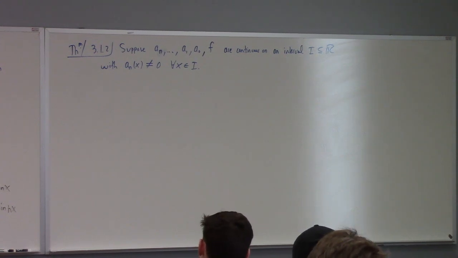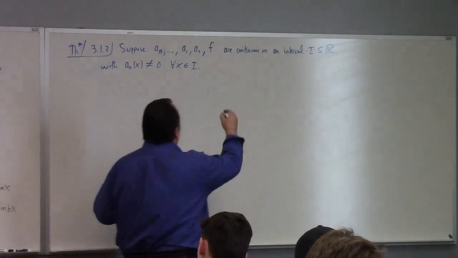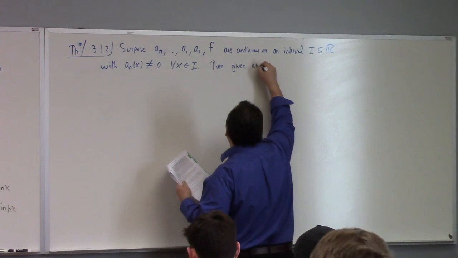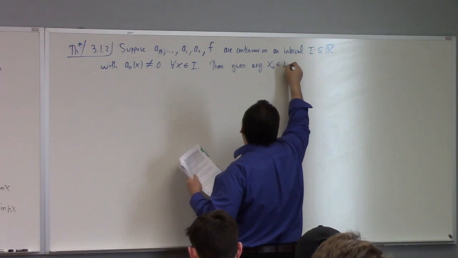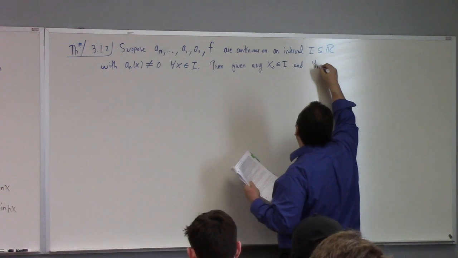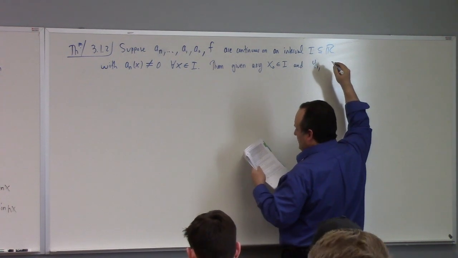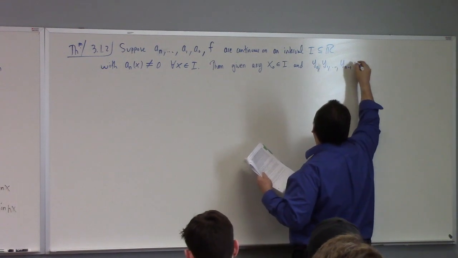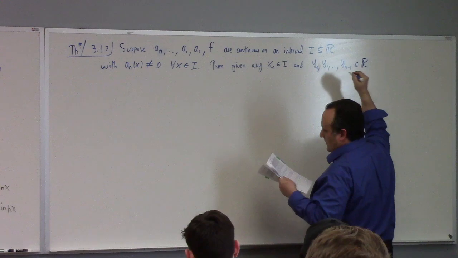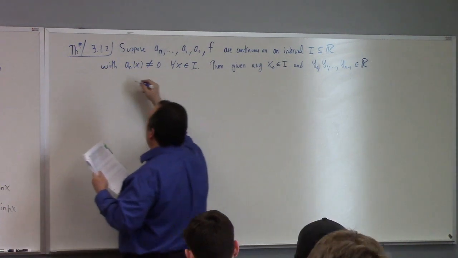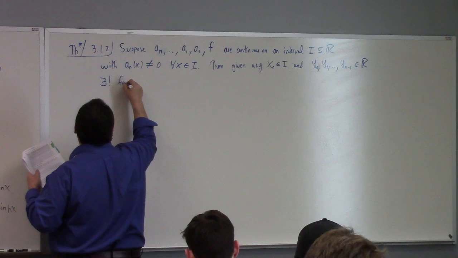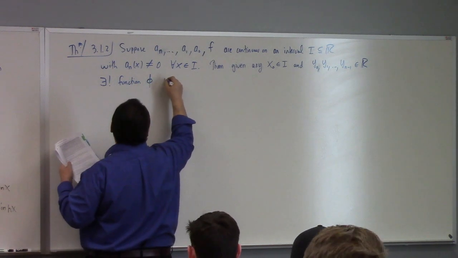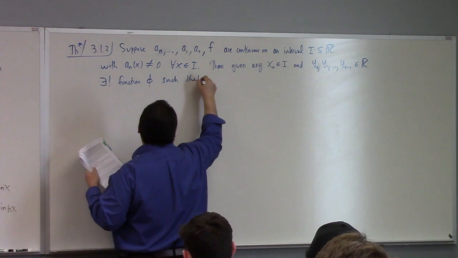So here's the deal. Then, given any x naught in the interval I, and y0 through yn minus 1 in the reals, there exists a unique function, let's call it phi, such that two things hold.